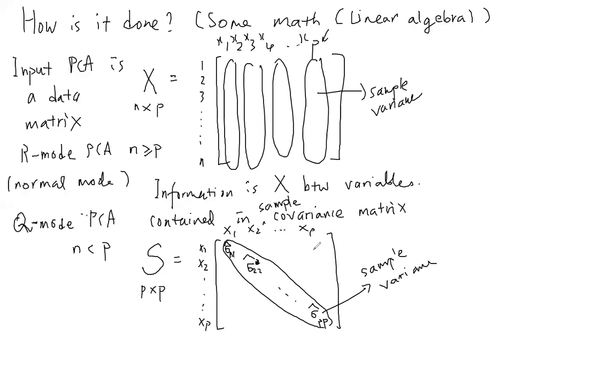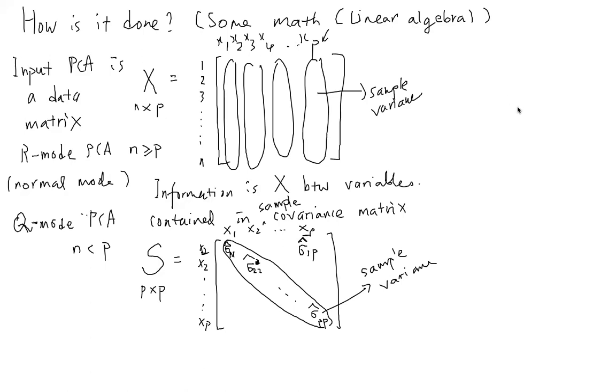And then the off diagonal entries are your covariances, right? For example, this one will be 1p, the sample covariance between variable 1 and variable p.